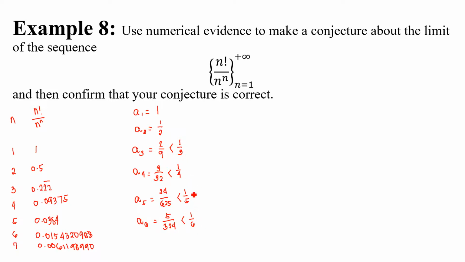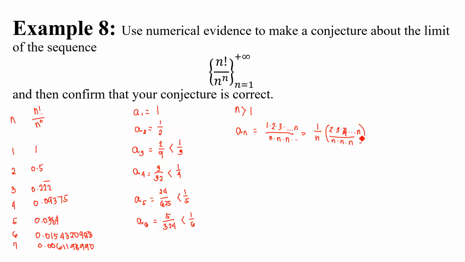In other words, if n is greater than 1, then our general sequence a sub n is equal to 1 times 2 times 3 times and so on to n over n times n times n times and so on, which is equal to 1 over n times 2 times 3 times 4 times and so on to n over n times n times n and so on.